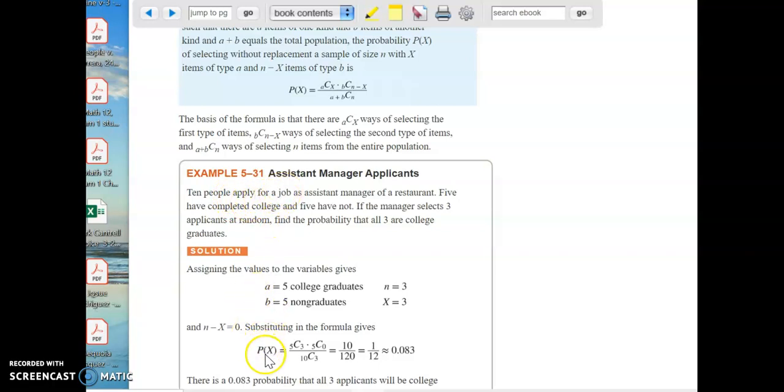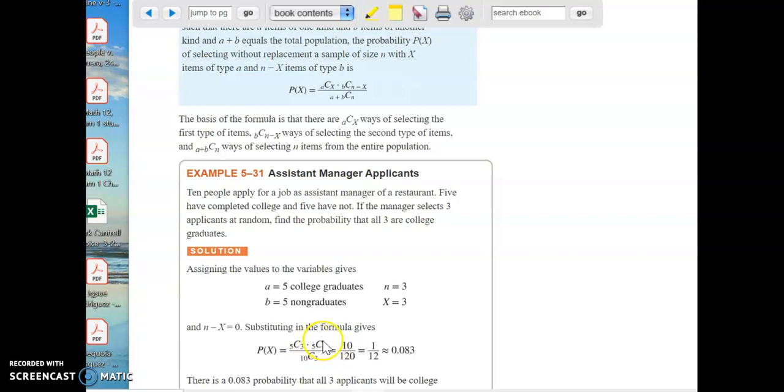Okay, you understand the scenario. I want 3 college graduates out of the 10. Well, if 3 of them are college graduates, then that's 5 choose 3 are college graduates, right? Because 5 of them are college graduates, and I'm choosing 3 out of the 5.